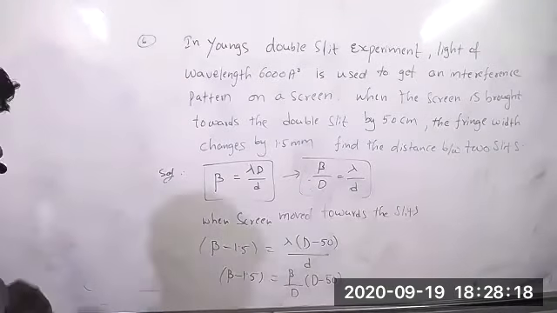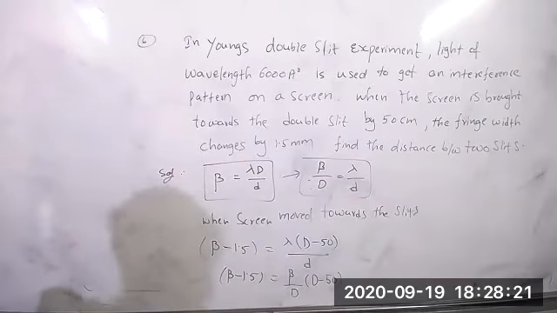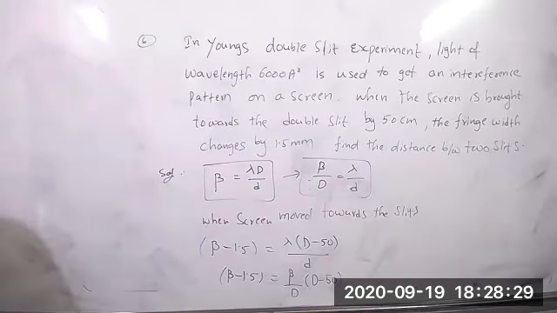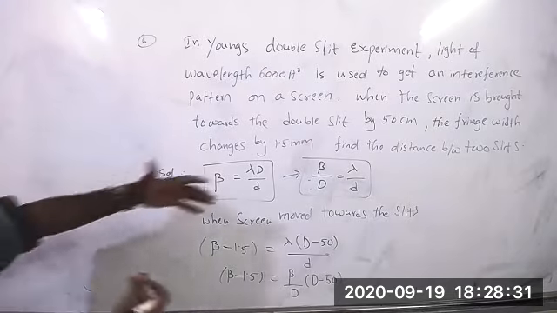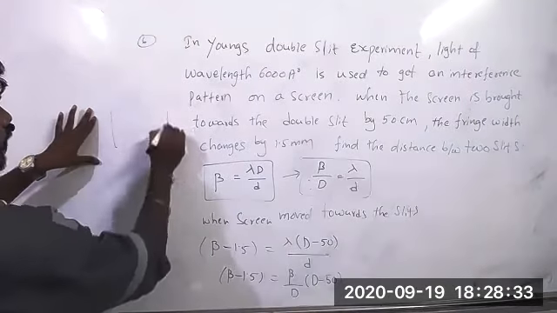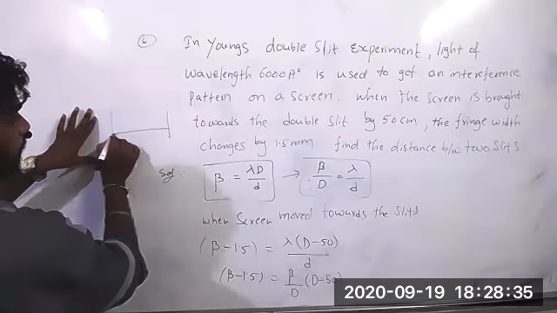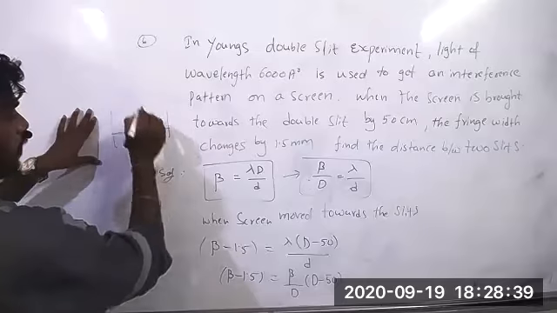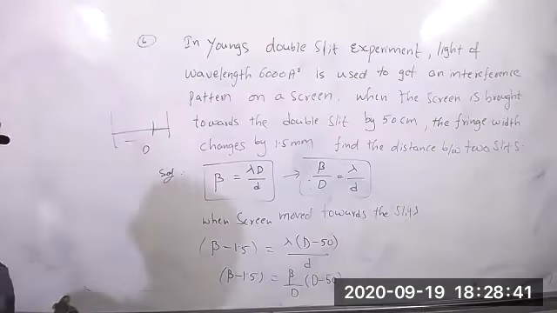Now substitute those values. Sir, it should be beta plus 1.5, no? Actually, it is first the D, right? Yes, sir. Fringe width is decreasing.